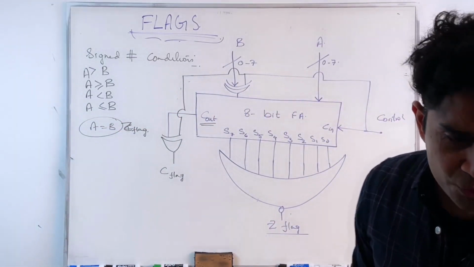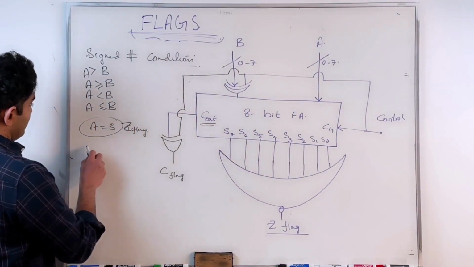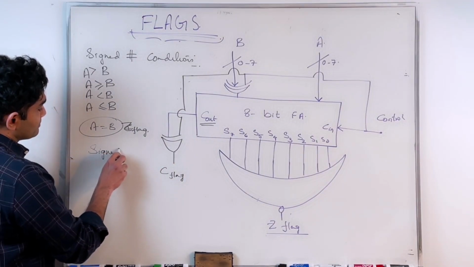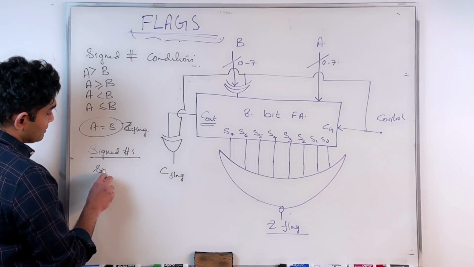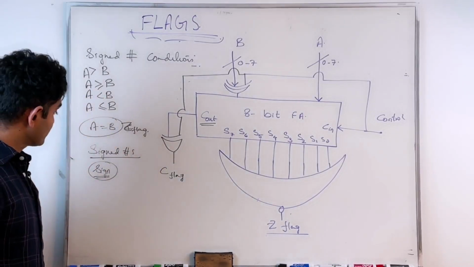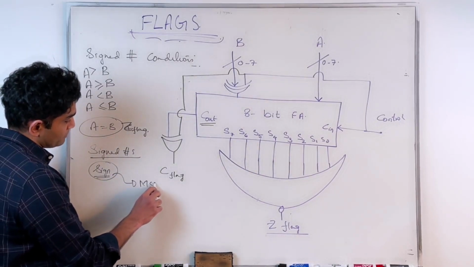Yeah, we need a flag to check the value of the MSB. Very good. Why? Because we are working with signed numbers, and the sign information is important, right? The sign information is contained in the most significant bit position.